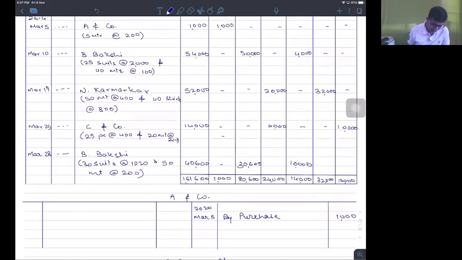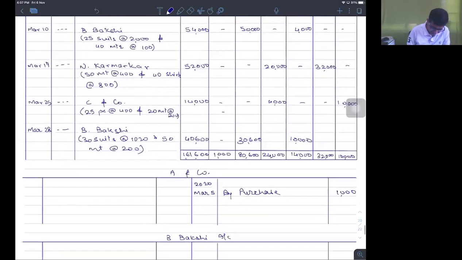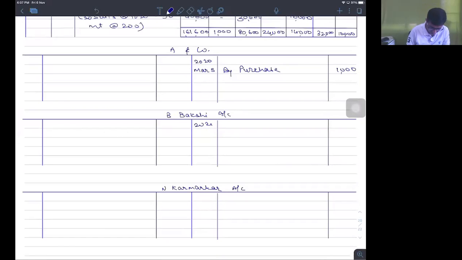Then B Bakshi account onto the credit side, 2020 March 10, by purchase 54,000.